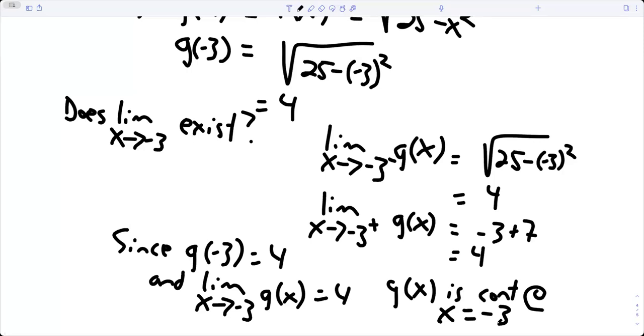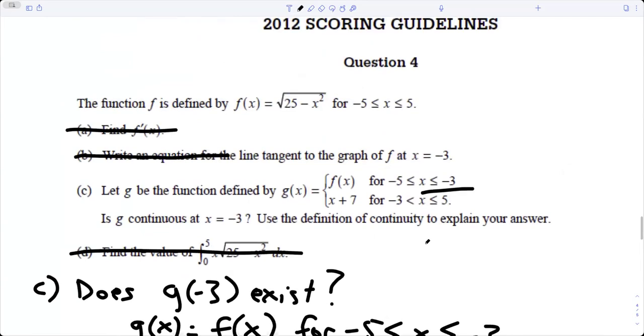Is there always going to be left and right sides? And how do you know which side? Okay, you know which side because of how it's defined here. So when x is between -5 and -3, it's f of x.